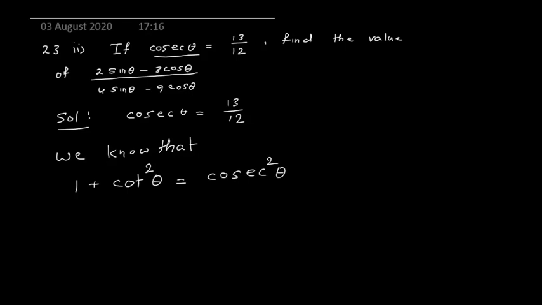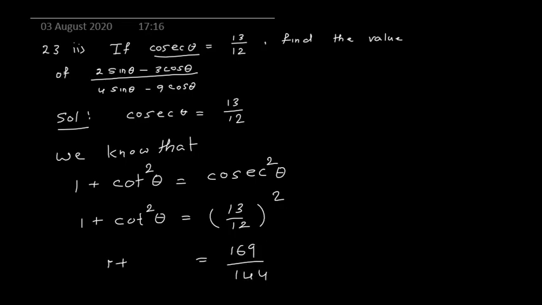So 1 plus cot square theta is equal to cosec square theta, meaning 13 divided by 12 the whole square. So this is 169 upon 144. This is the value of 1 plus cot square theta.